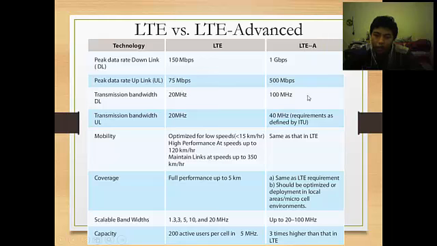For LTE-A, mobility is the same as LTE. For coverage, full performance up to 5 km is just for LTE. But for LTE-A, it's the same coverage, but should be optimized by development in local areas, microcell environment.